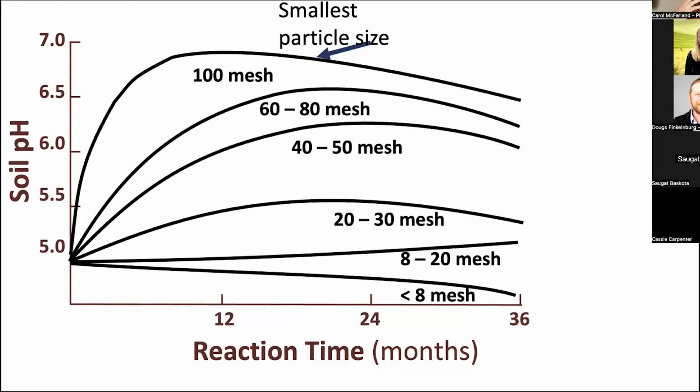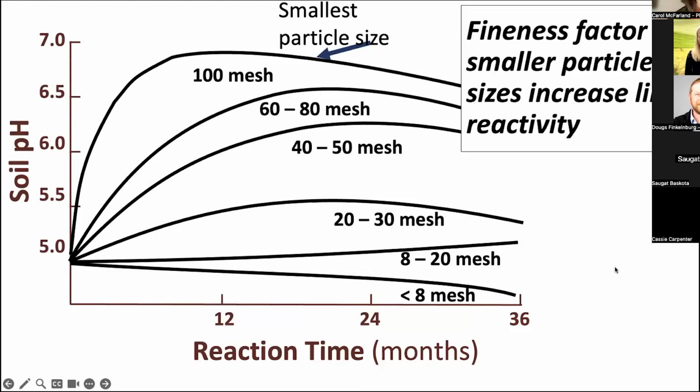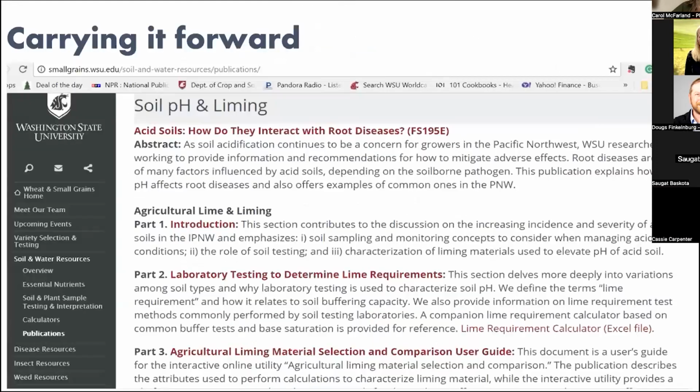Okay, and it's also, of course, been noted already that finer particle size does decrease the reaction time. So that's the fineness factor. The smaller the particle size, the greater the lime reactivity.